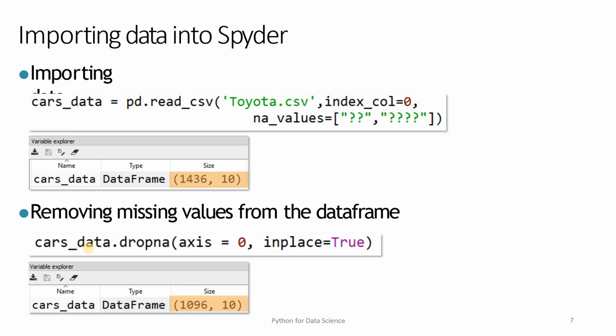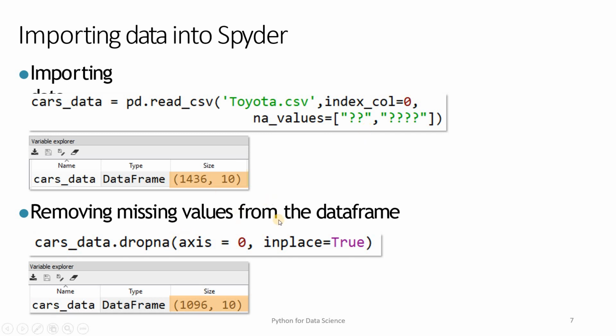So we need to consider only the rows where the records are filled, because we would not be able to interpret anything from the question mark or from the nan values. So now let's see how to remove missing values.